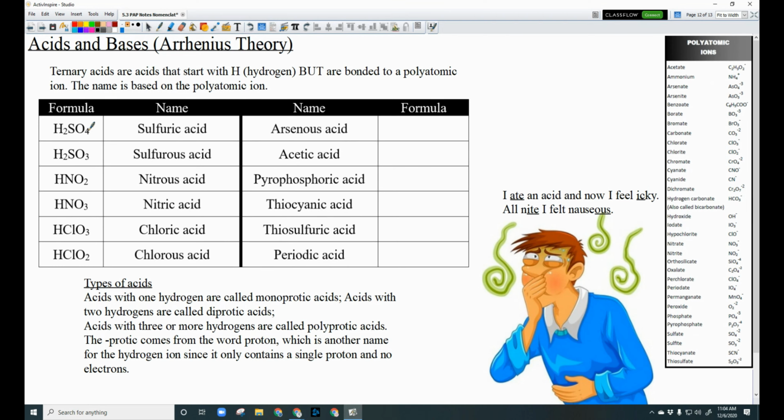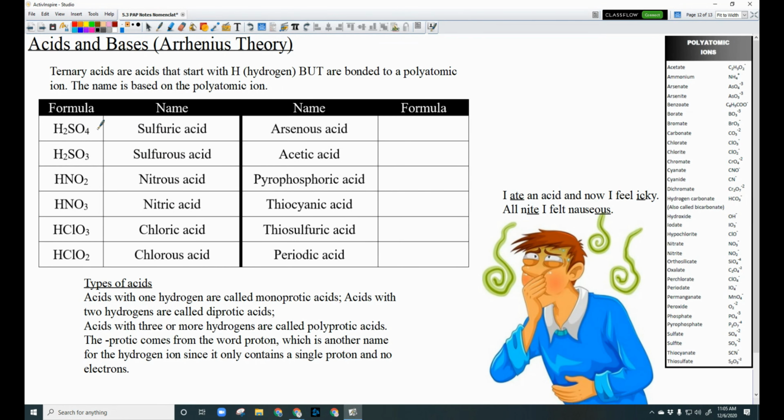So SO4, let's go down here and look for SO4. It's right here: sulfate. So this is the sulfate ion, and the name of this acid is sulfuric acid. Now if you look here, we see sulfurous acid.